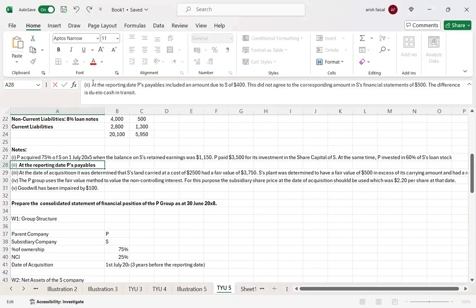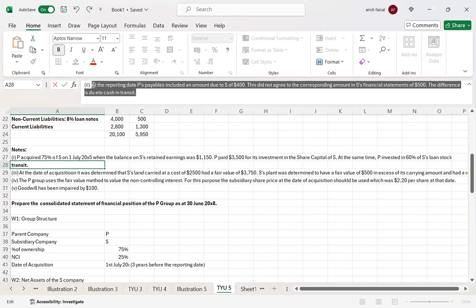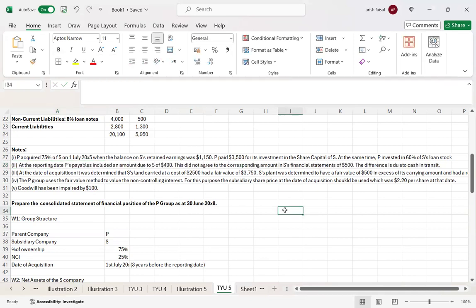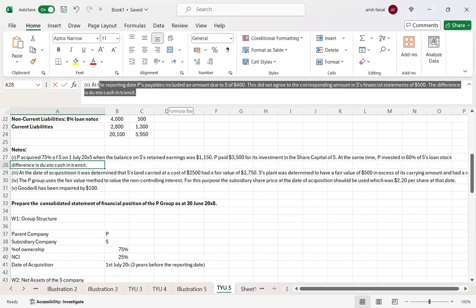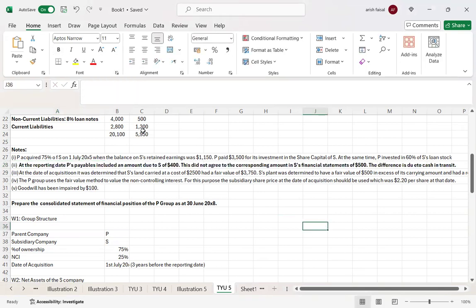This would be purely related to when you're preparing the balance sheet. And likewise, this point has to be considered while you're preparing the balance sheet.